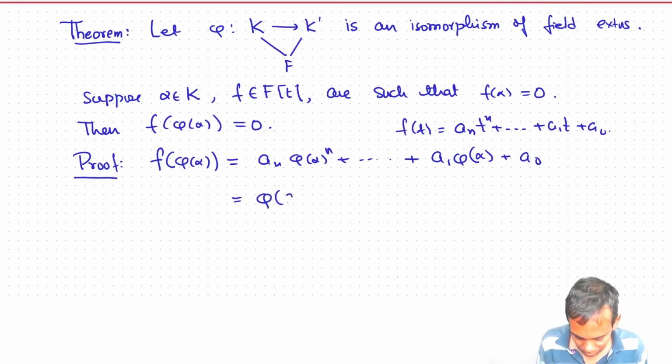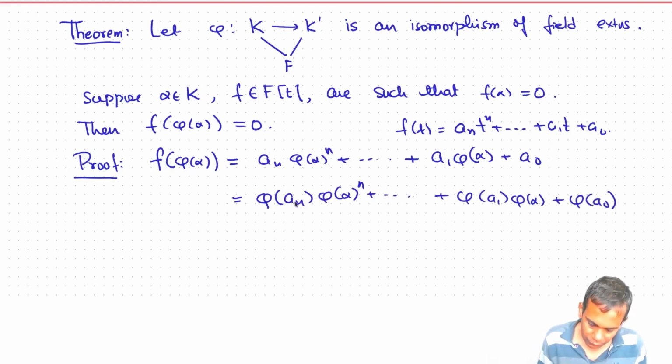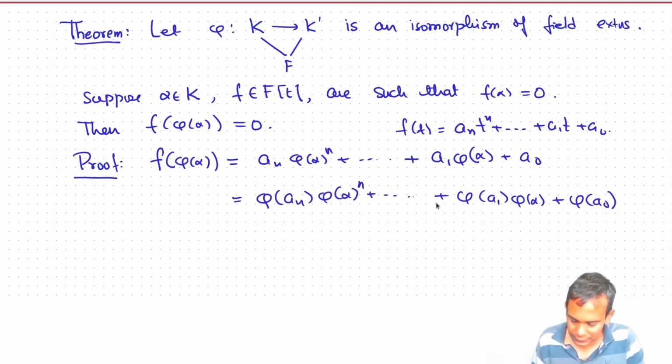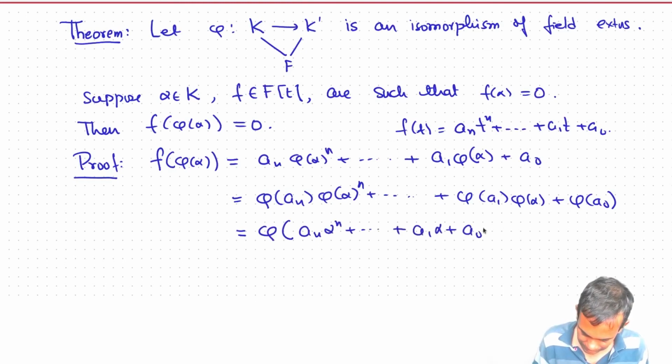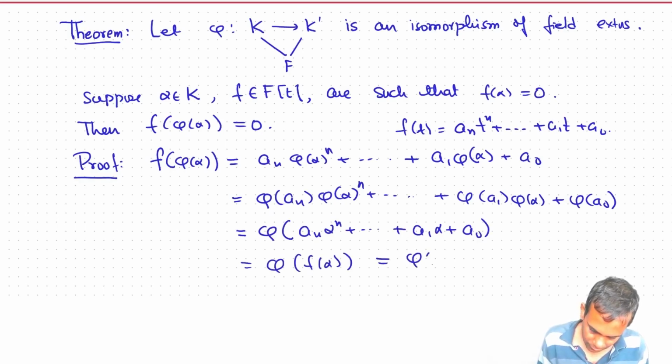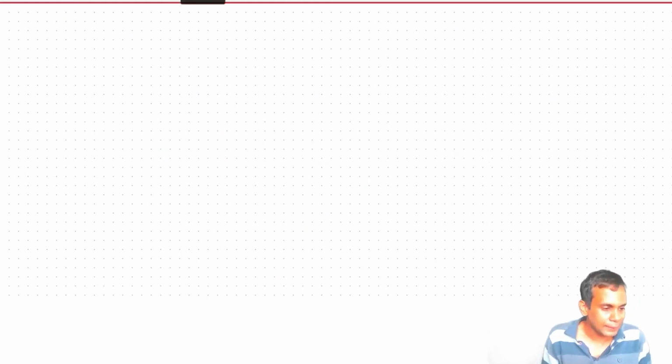So I can write this as phi(a_n) phi(alpha) to the power n plus ... plus phi(a1) phi(alpha) plus phi(a0). Now we are applying phi to all the terms here, and they are just sums and products. Because phi is a ring homomorphism, this is the same as phi of (a_n alpha to the n plus ... plus a1 alpha plus a0), which is just phi of f(alpha), that is phi of 0, which is 0. That's the proof.